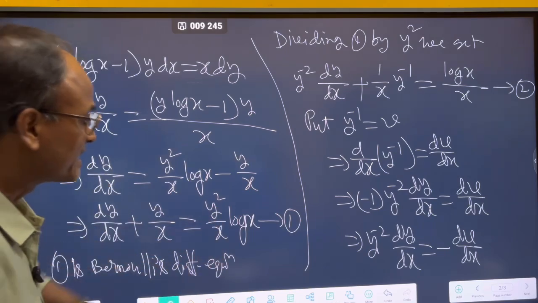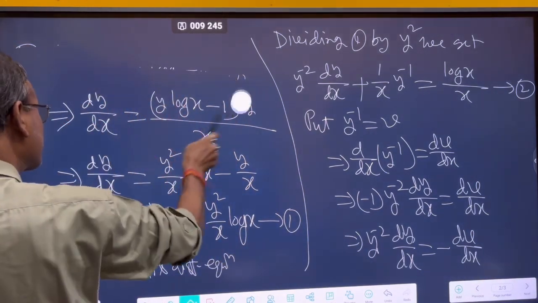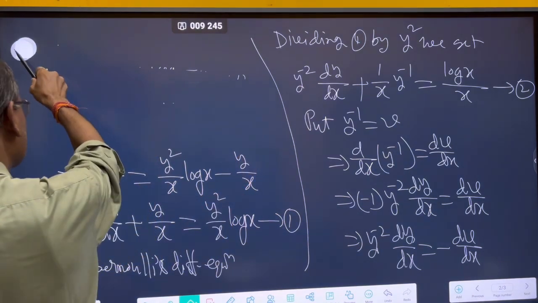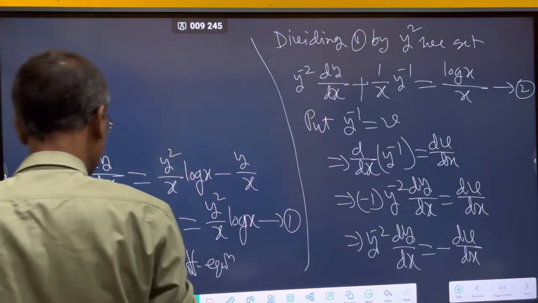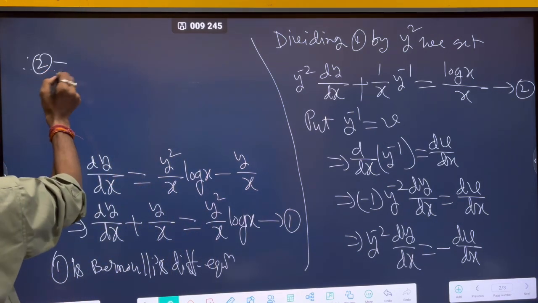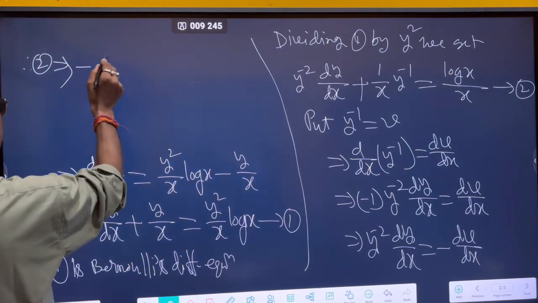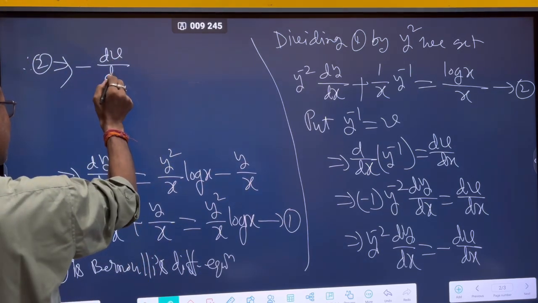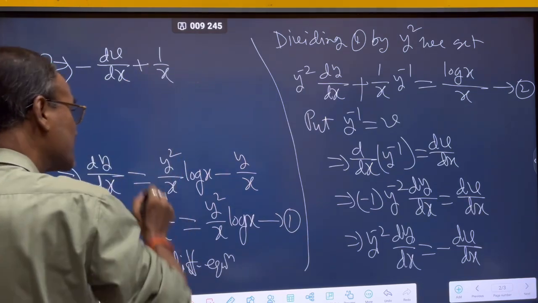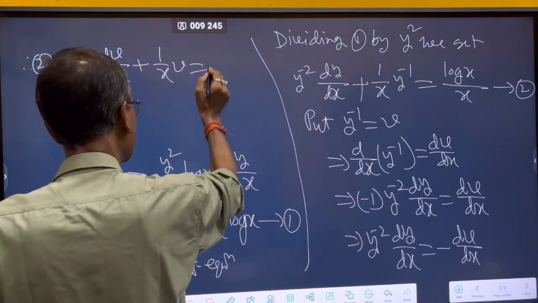Therefore, 2 can be written as minus dv by dx plus 1 by x for y to the power minus 1, you may write it as v, equal to log x by x.